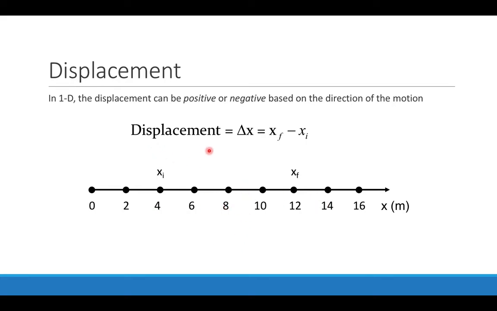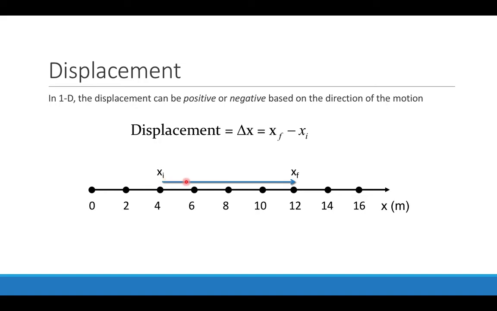So in general, we can represent the displacement as delta x, and it is the difference between the final position and the initial position. So again, over here, my initial position is at 4 meters, and my final position is at 12 meters. So I can draw a straight line from my initial position to my final position, and that represents the direction of the displacement along that straight line path.